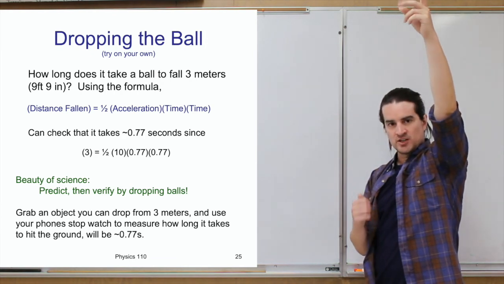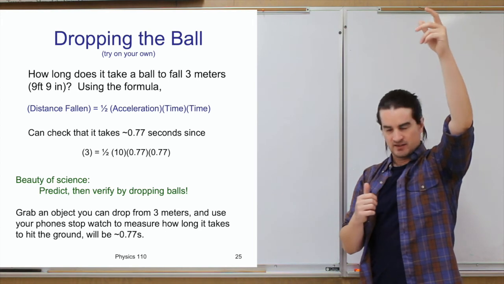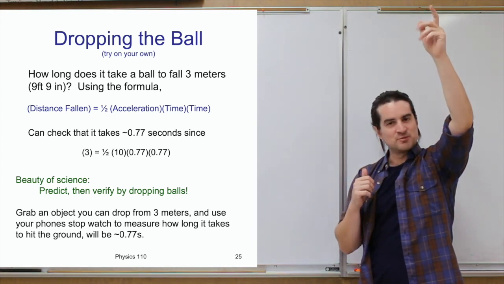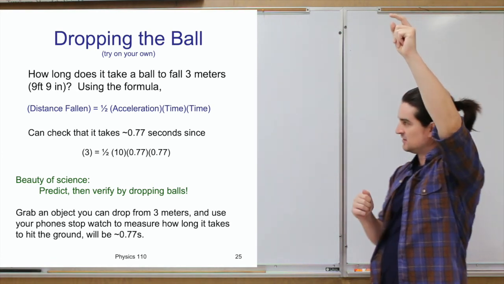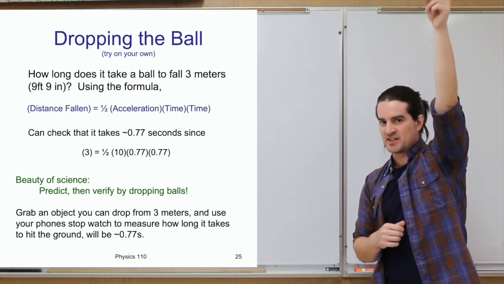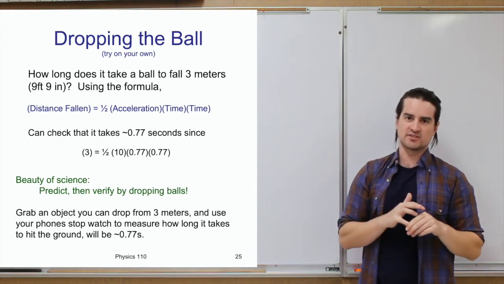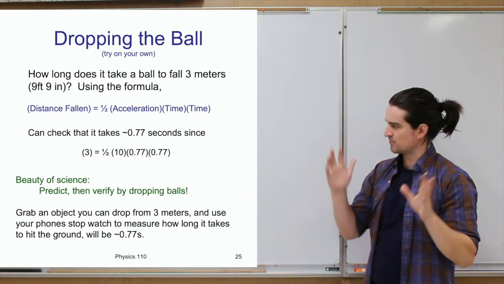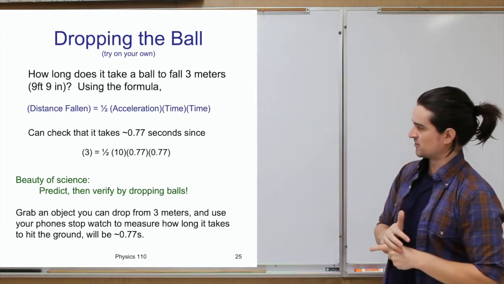And when you release the ball, start the stopwatch, and when you see it hit the ground, stop the stopwatch, right? And I would bet you money if you're accurate about when you start and when you stop, and the height, that it is actually about 9 feet 9 inches, then you're going to measure basically 0.77 seconds. Okay? So this is something you could try. You don't have to, but you might, if you're interested in figuring it out or seeing it for yourself, then there you go.